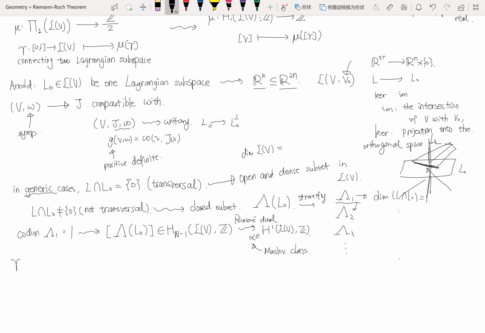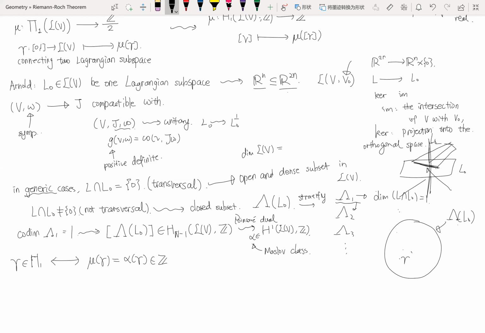Any curve gamma in H1 corresponds to a Maslov index nu of gamma, which is the intersection of gamma with the space of non-transversal Lagrangian spaces to L0, which is a boundary whose complement is the space of transversal ones.